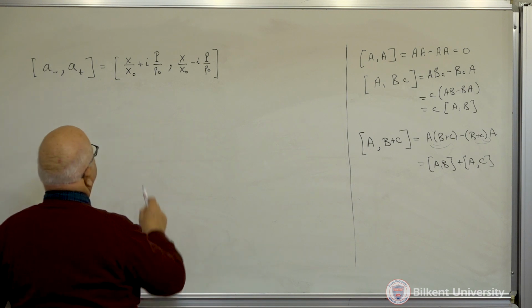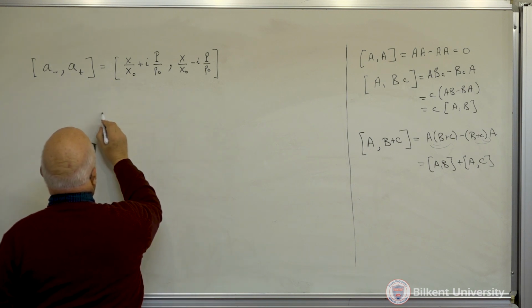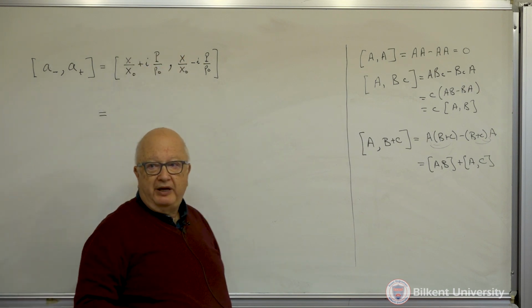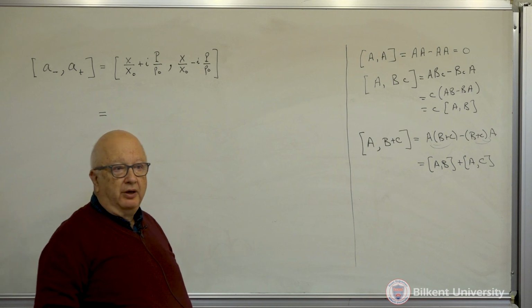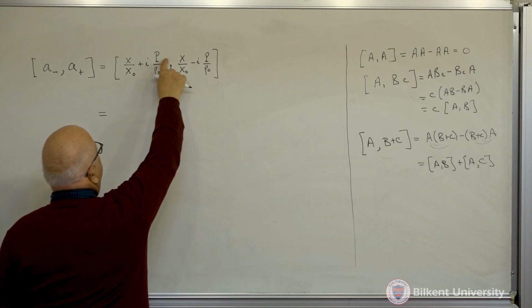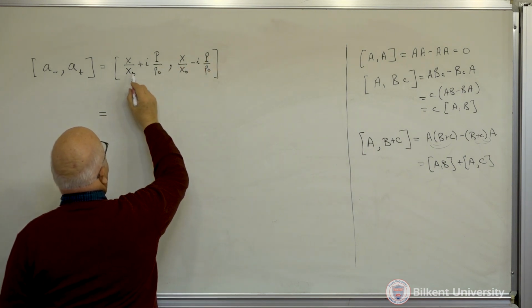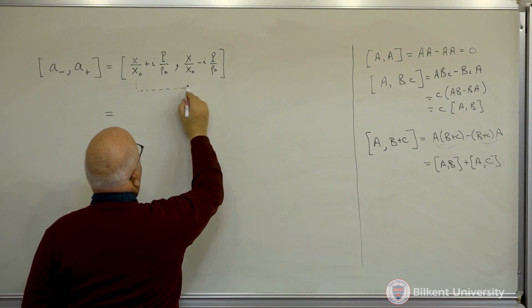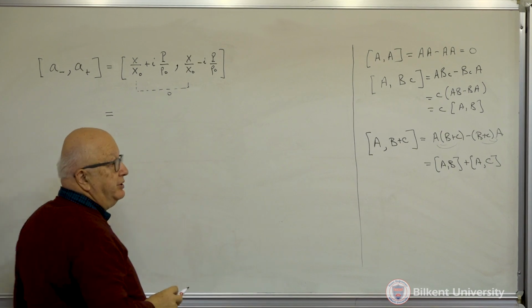Okay, so I'm going to get here terms which will have commutator of x with x, right? Commutator of p with p. Okay, so those things will give me 0, right? So x over x0 with x over x0 is going to give me 0.